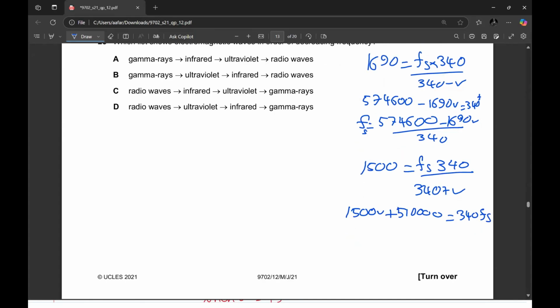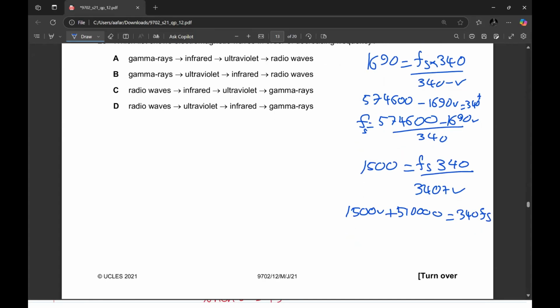Now we just substitute the frequency of the source. So we get 1500 V plus 510,000 equals 574,600 minus 1690 V over 340. 340, 340 cancels out.